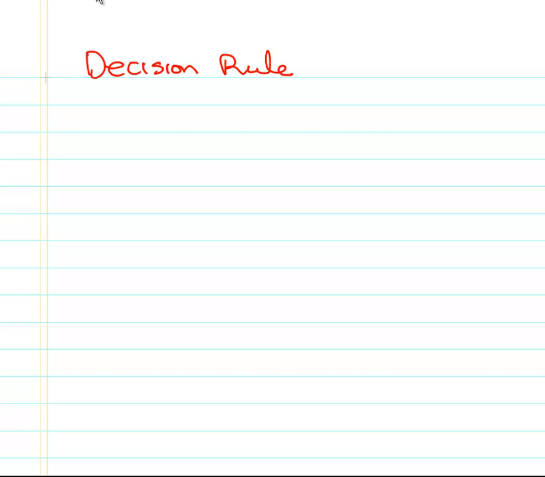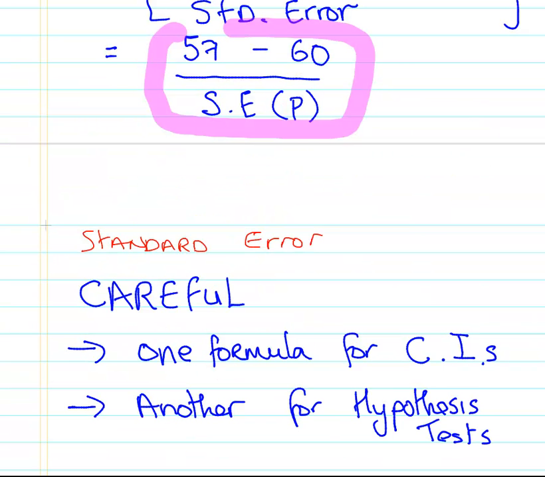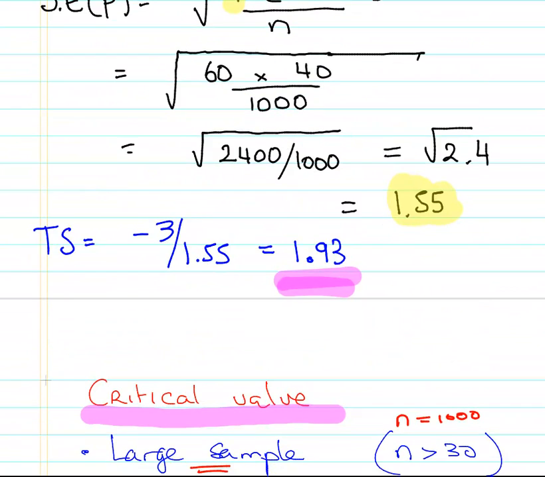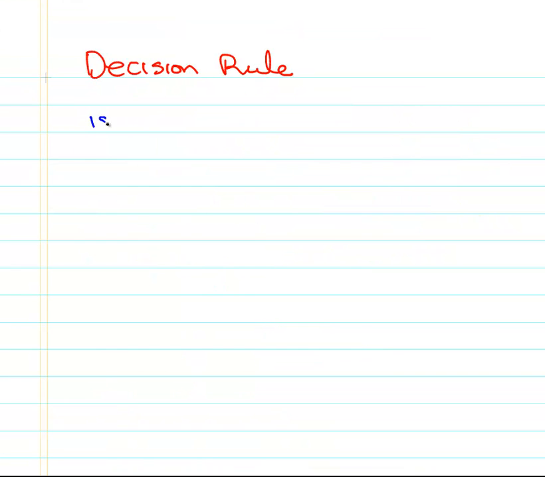So the last part is the decision rule. Earlier on, we saw that the test statistic was minus 1.93. Sorry, I went up a bit too far there. So is the absolute value of the test statistic greater than the critical value? This is where the absolute value comes into play.